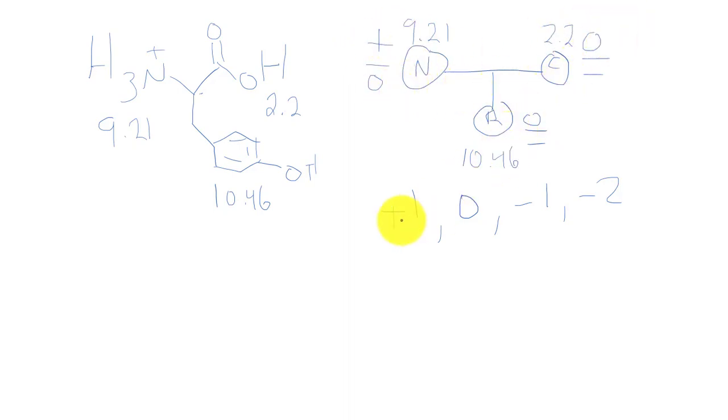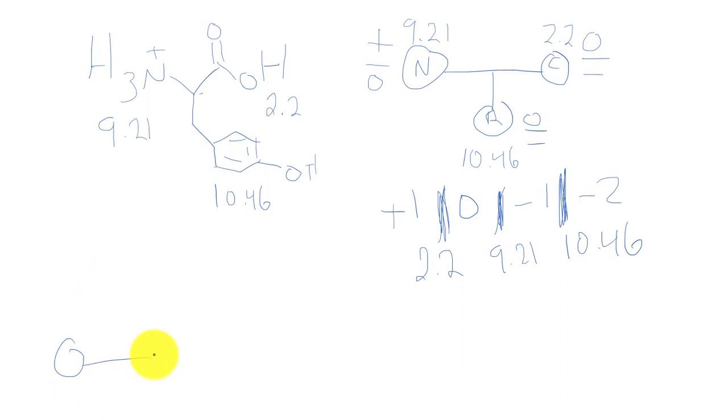It goes from 1 to -2, and integer values through 0. And I like to put my pKa's down on the bottom to kind of keep me organized, and it tells me where I switch from one form to the other. Okay, so this is going to look exactly the same as the last. I'll draw this kind of on its edge. It doesn't matter how you draw these, just as long as they're correct.